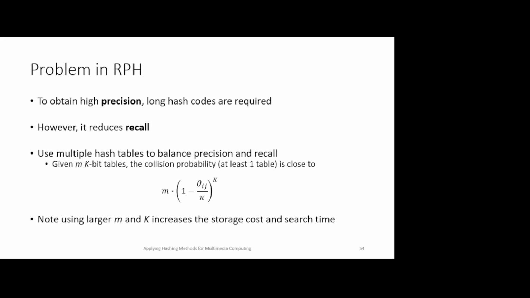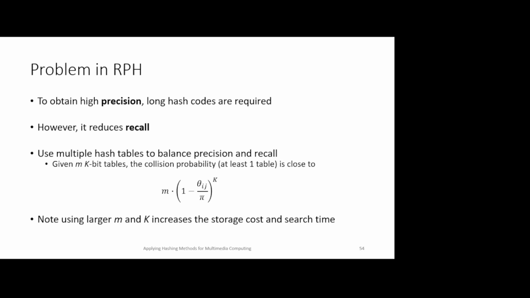Generally, if you want to obtain high precision, which means I hope the data I retrieved is exactly the same as my answer, you should generate a long hash code. It means you should use more hash functions to generate your hash codes.